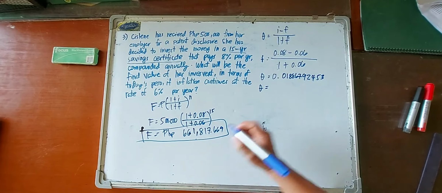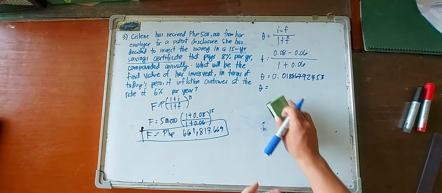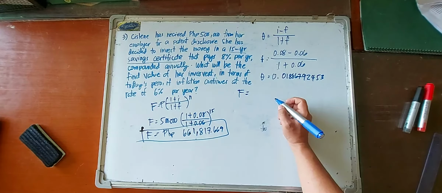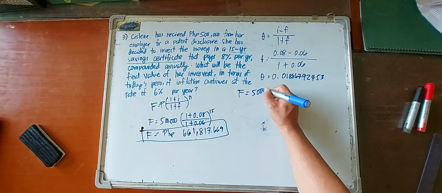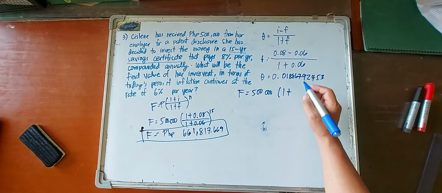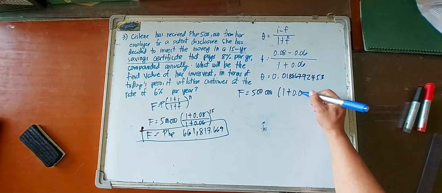So, we compute for the future value using yung composite interest rate. So we have 500,000 times 1 plus, so you may include all of the digits here, which yun ang ginawa ko sa example.